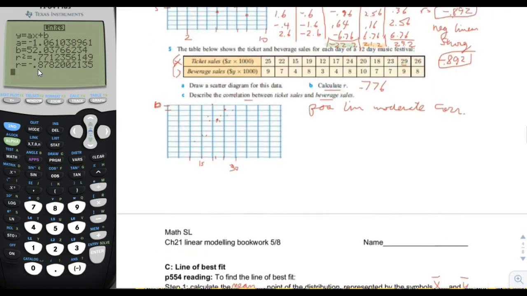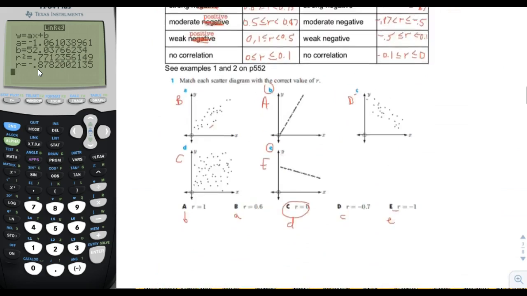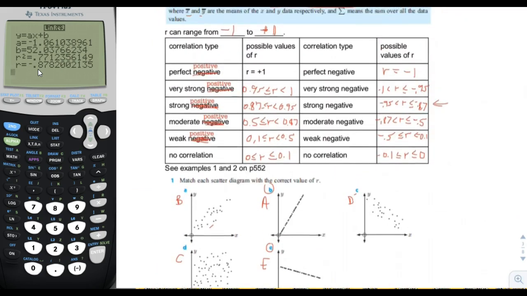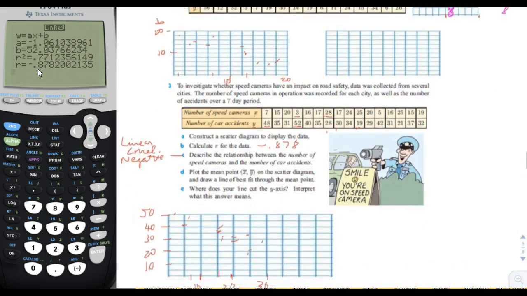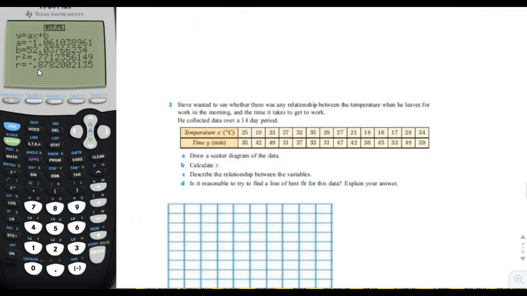Let's go back and look at the page where we figured that out. So 0.878 would be strong, because it's between negative 0.95 and negative 0.87. So we would say strong negative.